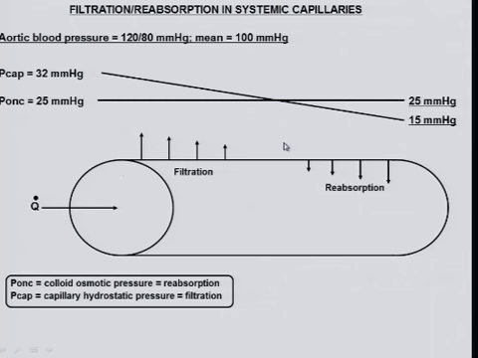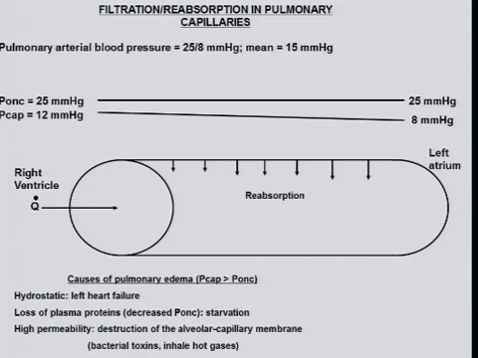Now if we compare this to the pulmonary circulation and the pulmonary capillaries, we have a different situation. Now remember, the pulmonary circulation is considered a low pressure system. The pulmonary arterial blood pressure is usually 25/8 relative to 120/80 in the systemic circulation, with a mean of 15.